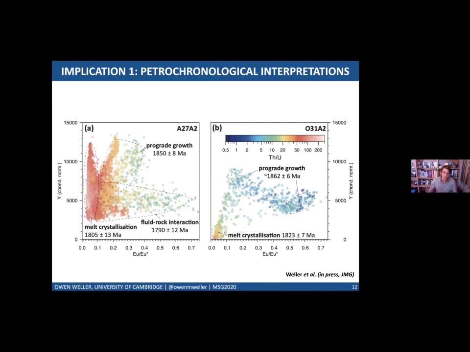Furthermore, as you go from prograde growth to melt crystallization, you get an increase in the size of the europium anomaly, which again is consistent with the increased feldspar content of the samples. So again, it looks like we can understand europium systematics. But what we really couldn't apply a simple story to in this sample is the yttrium content.